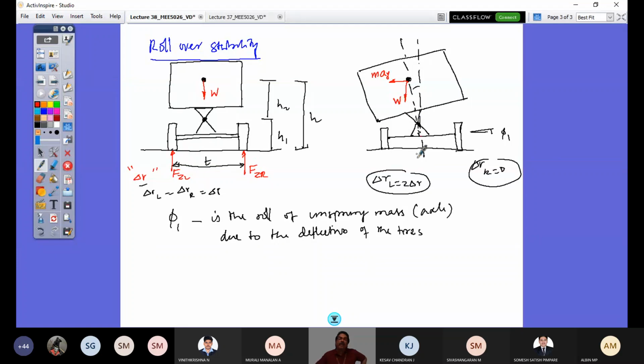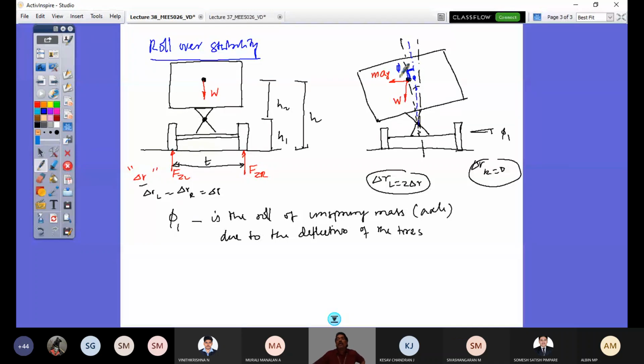So this is phi 1. It's a small angle. When this axle rotated, I have my CG location somewhere here, and then further roll of my vehicle body. That roll is given by this angle. So that angle is phi 2.